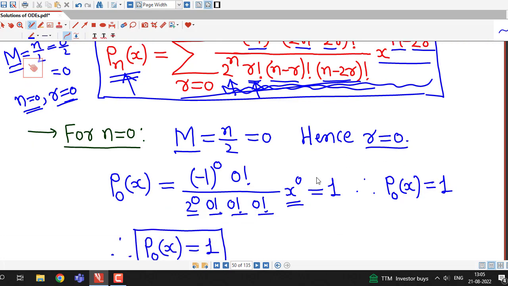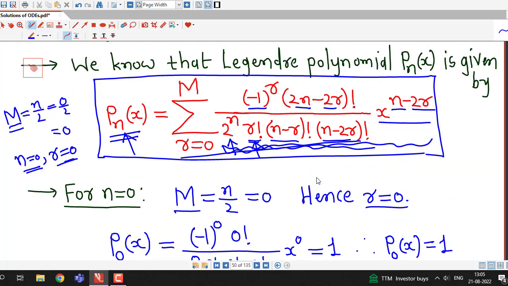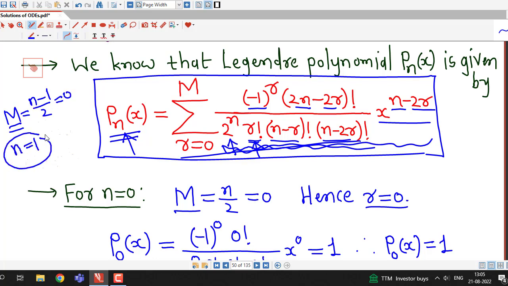Same thing we can do to obtain other Legendre polynomials. For example, now suppose I consider n equal to 1. Then I know that n equal to 1 is an odd integer, so the value of capital M is 0 if I take n equal to 1.